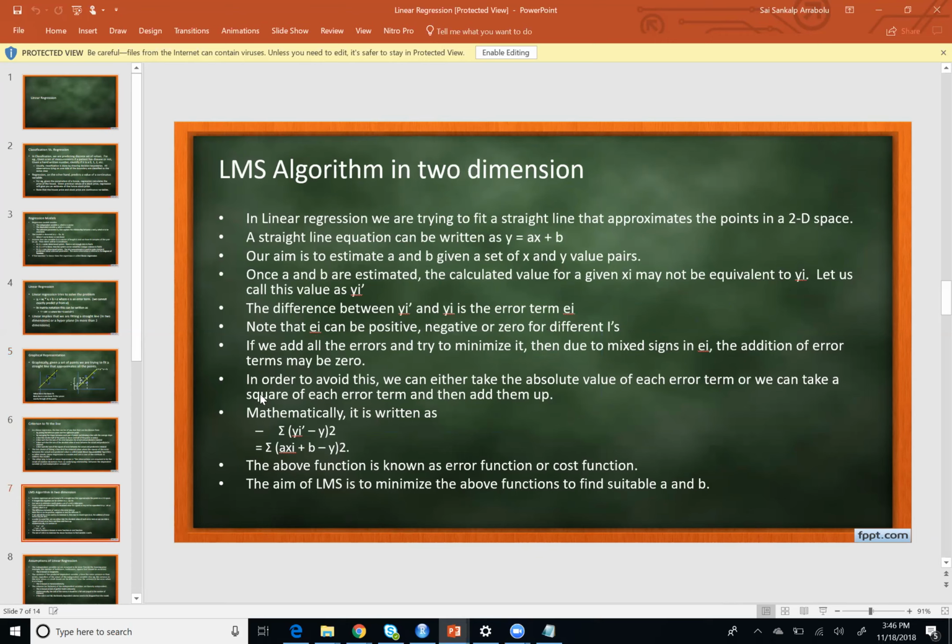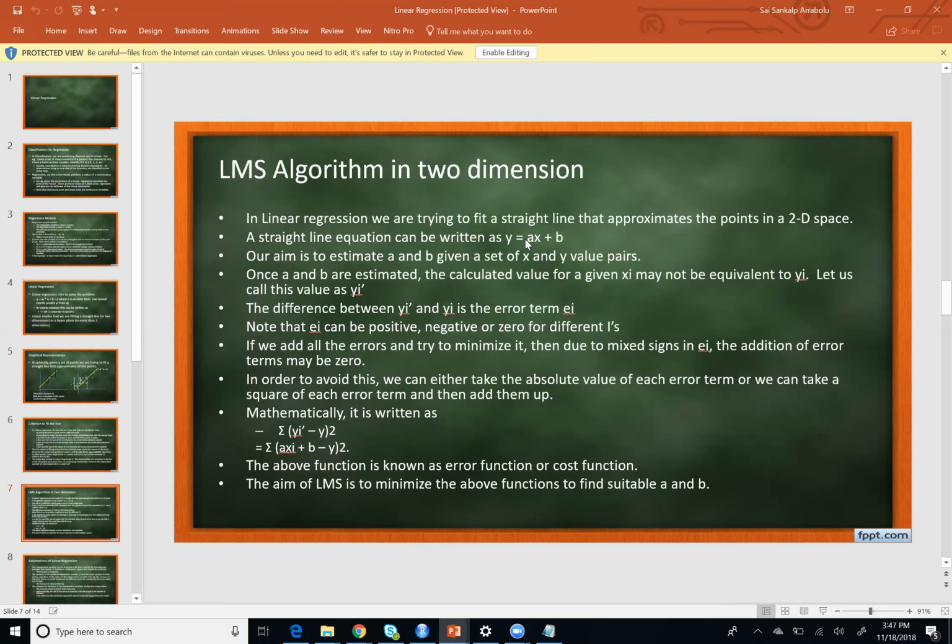So the way we determine the error equation is by summing up, for all the points, (yi prime minus yi) whole squared. The reason we are squaring is that we don't want the errors to cancel out. Positive and negative errors are still errors. So we square them and add them. And what is yi prime?